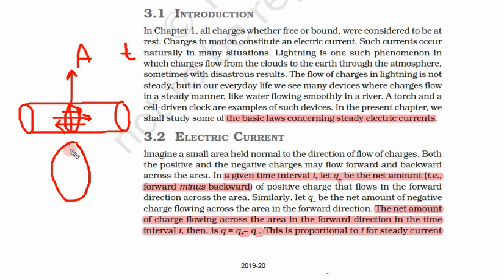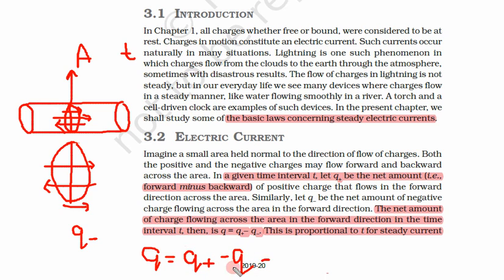This is the same area A. Negative charge is also moving from left to right as well as right to left, and the total negative charge which has moved from left to right is Q negative. So the total charge moved is Q, which is positive charge minus negative charge. This is the total charge moved towards the right side in time t.